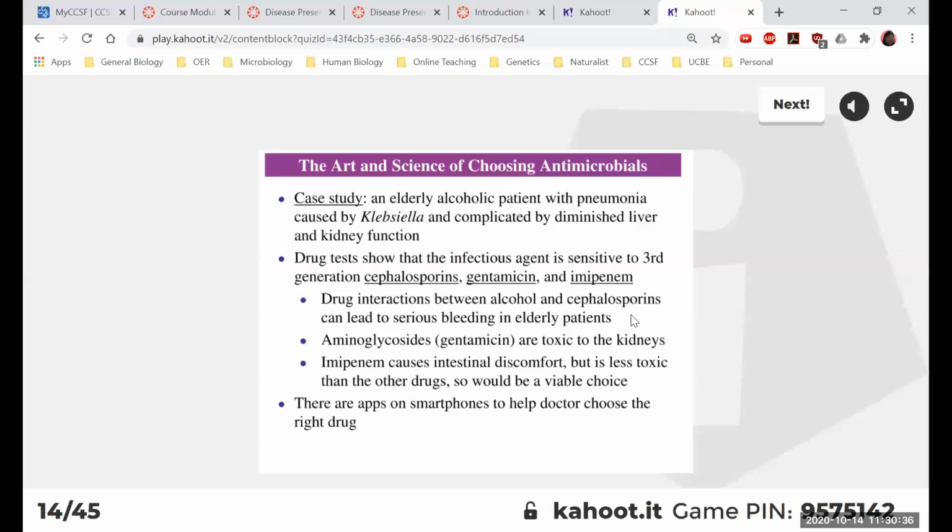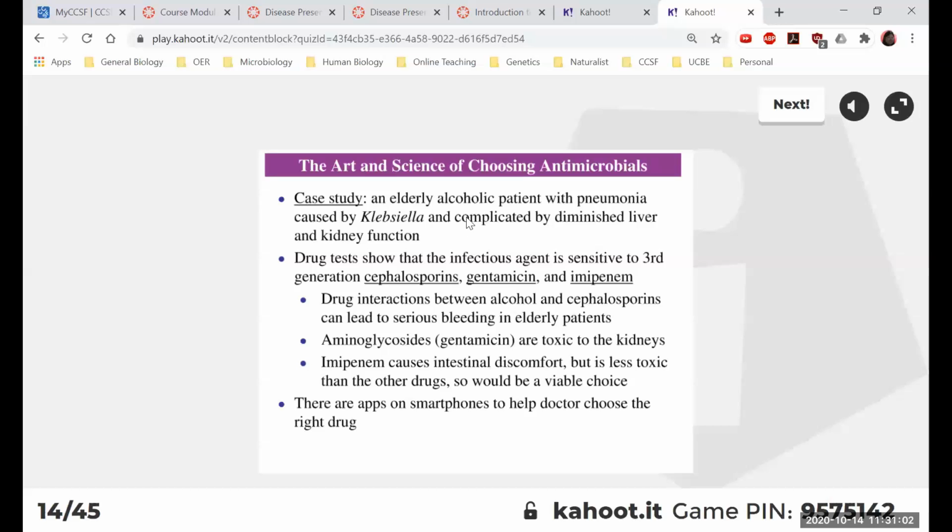Imipenem is not perfect; patients who take it end up having stomach problems or intestinal discomfort. But if you look at the big picture, it's definitely not as toxic as gentamicin or cephalosporin. So in this case, imipenem is your best choice, and that's probably the drug you are going to prescribe to this patient.